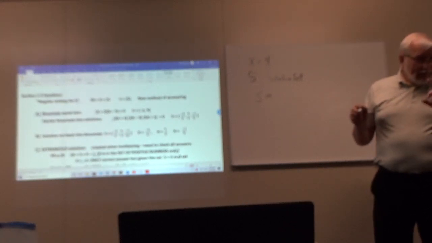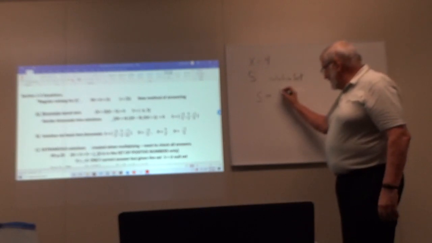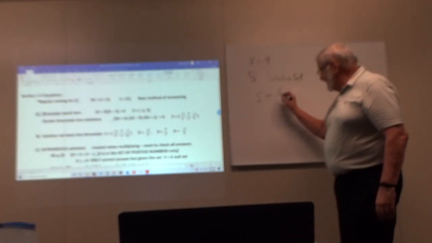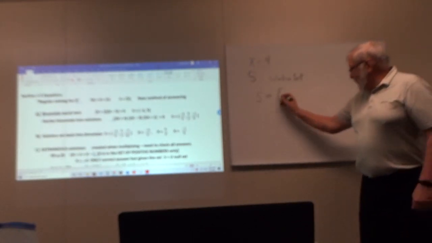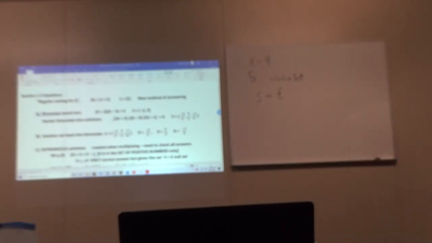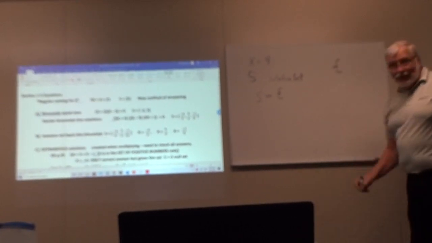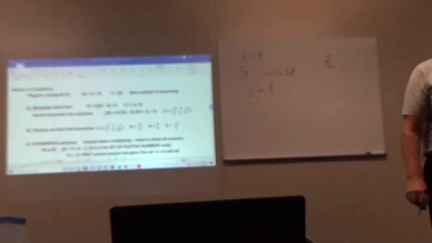Now, brackets are really simple. A bracket is an S followed by a backwards S, or an S followed by a 2. Make a bracket. Try it.